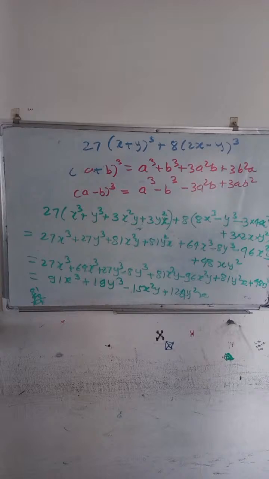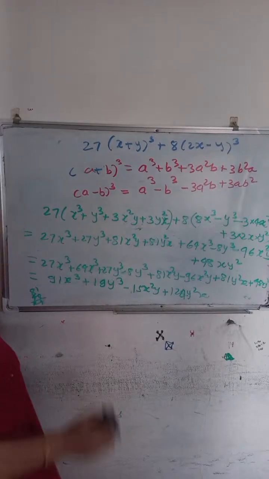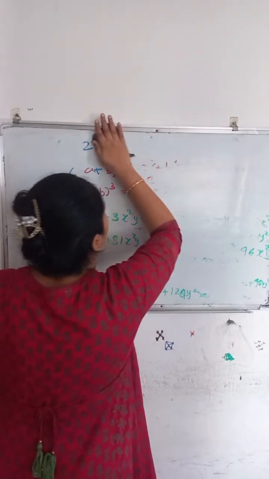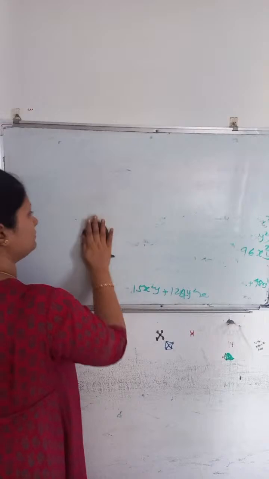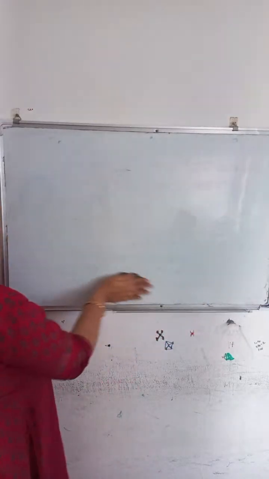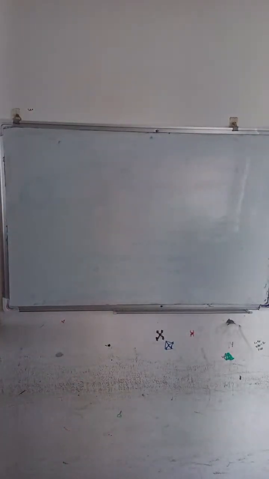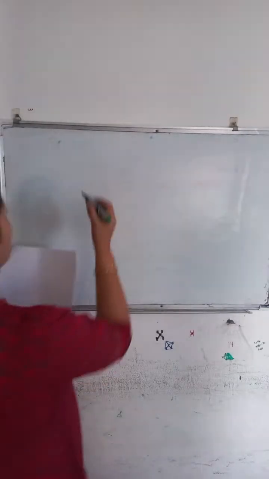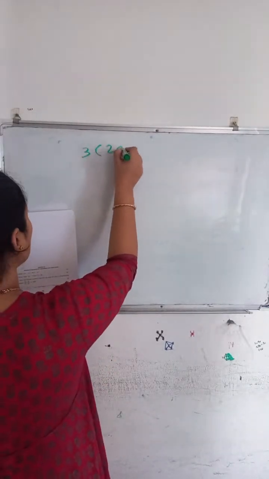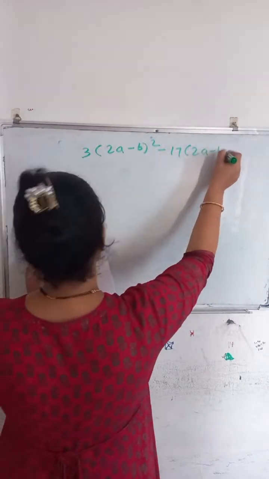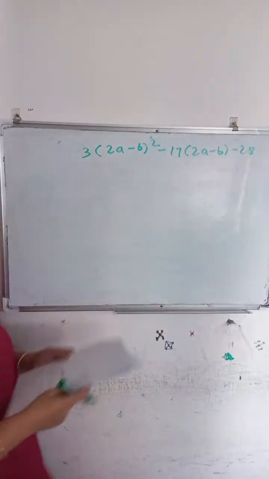Next question, factorize. The question is 3(2a − b)² − 7(2a − b) − 28.